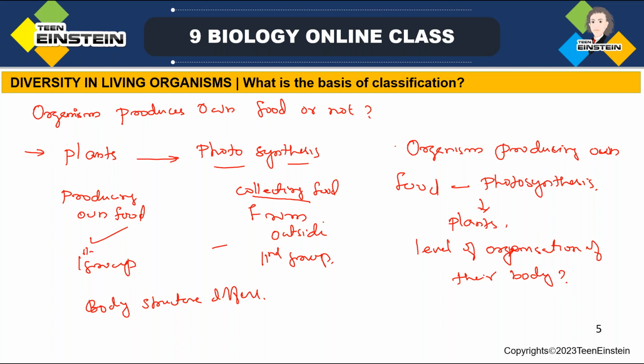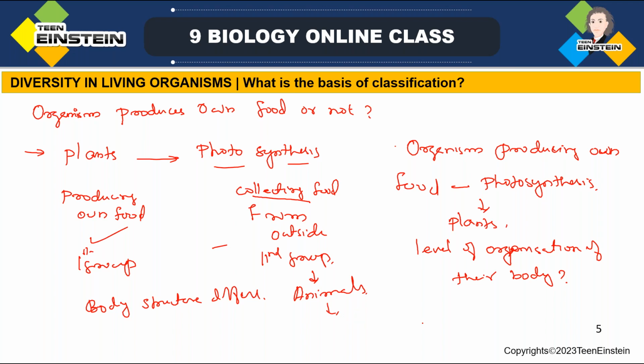Then, the organisms which are depending upon plants in a direct or indirect way for their food, they are animals, right? So, what is the level of organization of the animal body? They have different parts and they have specialized organs for functions. So based on that also we can do classification.